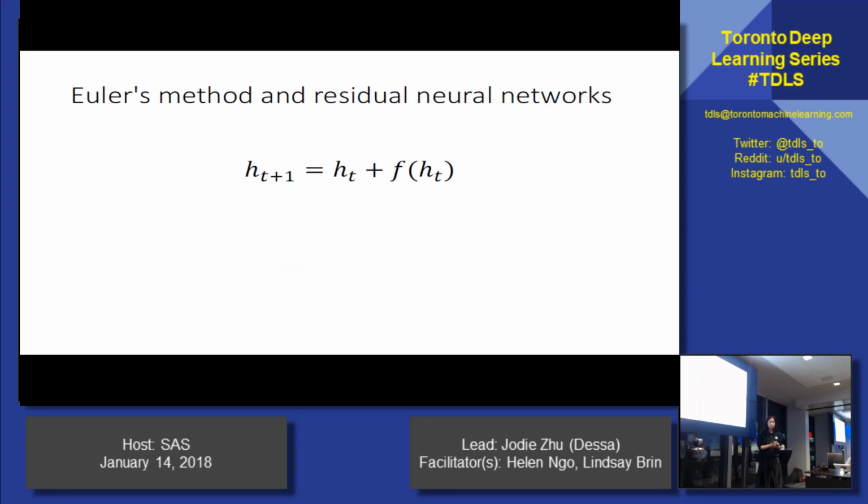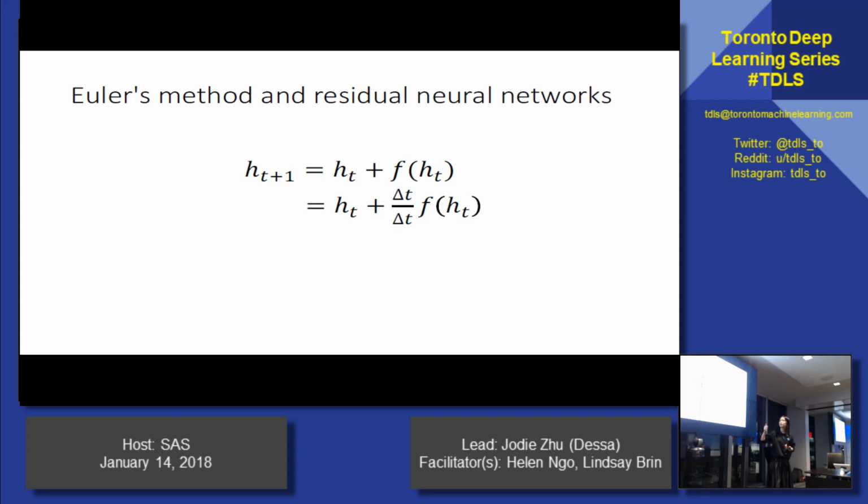So far we have talked about residual neural networks, but how could we connect residual networks with Euler's method, or even the ordinary differential equations? Let's repeat the function: the new state equals the old state plus a residual. Let me introduce a little mathematical trick. We introduce a constant t, so t over t is a constant 1.